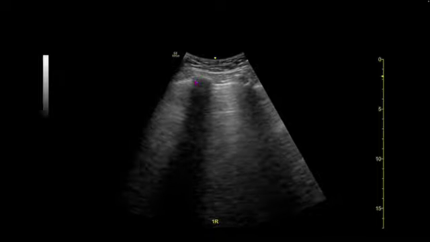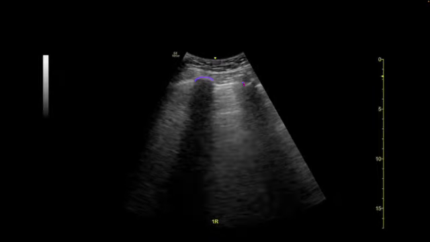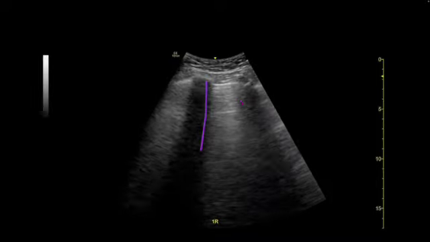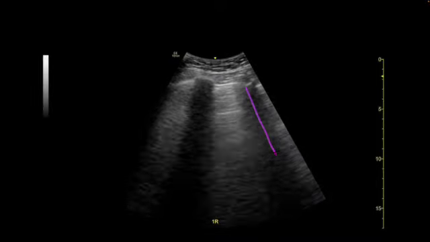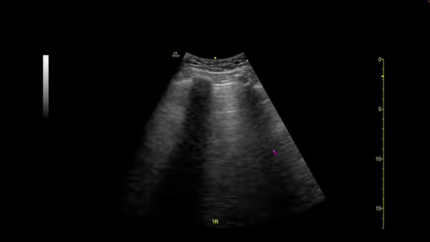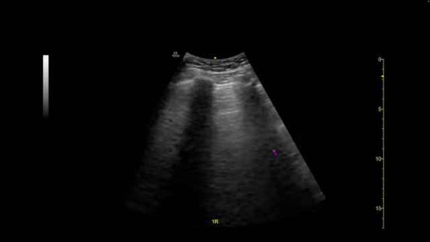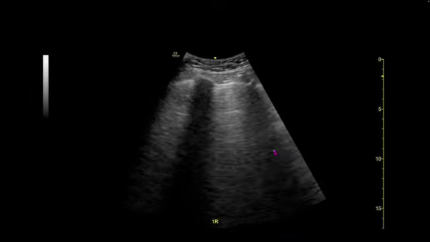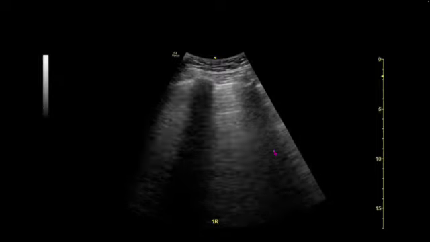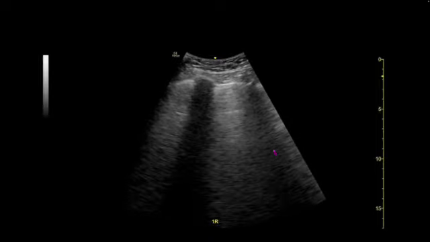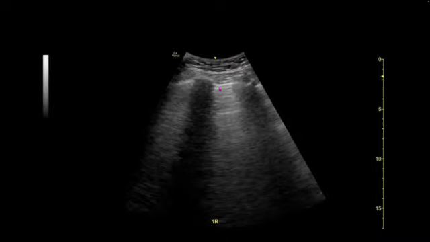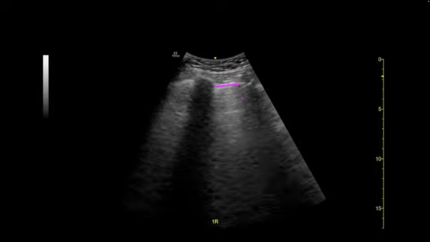We have our rib here, and we have posterior shadowing, right? Because our bone is very dense, the ultrasound beams bounce off of it, and there are no ultrasound beams that make their way behind it. So it causes that shadowing. There is nothing behind there on your imaging interpretation. In between each rib, we have our pleural line right here.